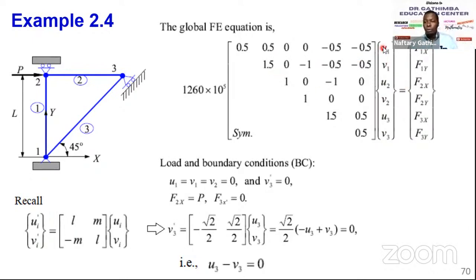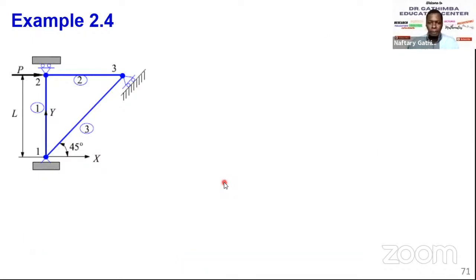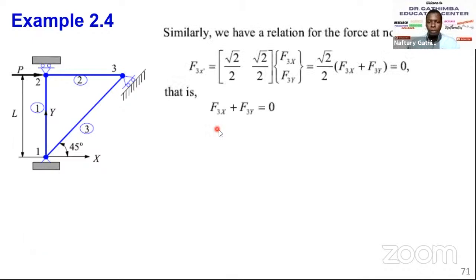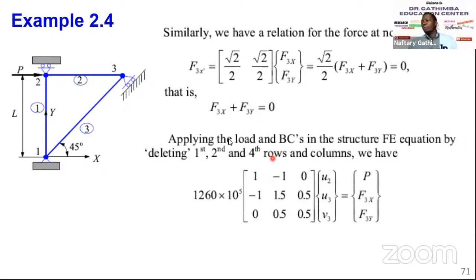That's why we want to get as many known values as possible, and the ones which are 0, so that we can cancel those rows and reduce our equation and start solving for the nodal unknowns and nodal displacement. So we have gotten F3x, the expression at node 3, and we have been able to resolve this type of boundary condition.